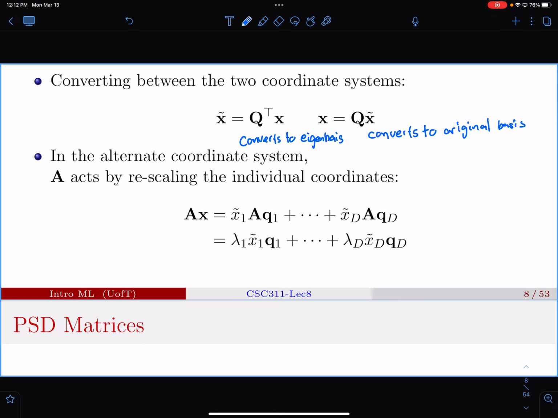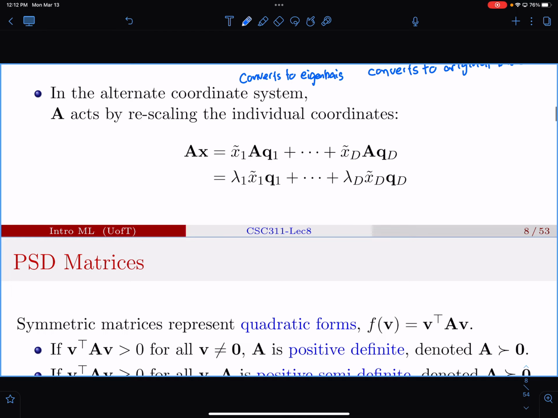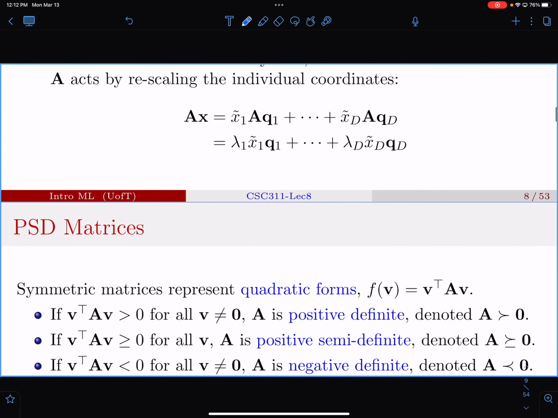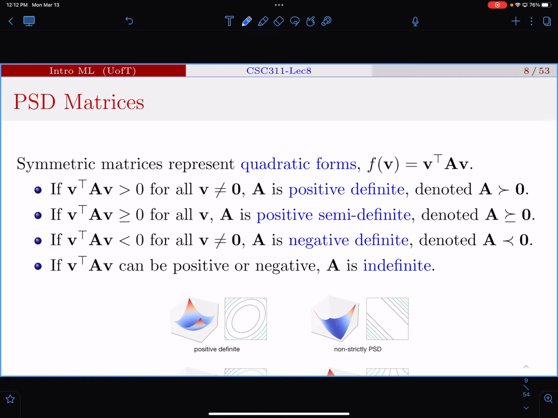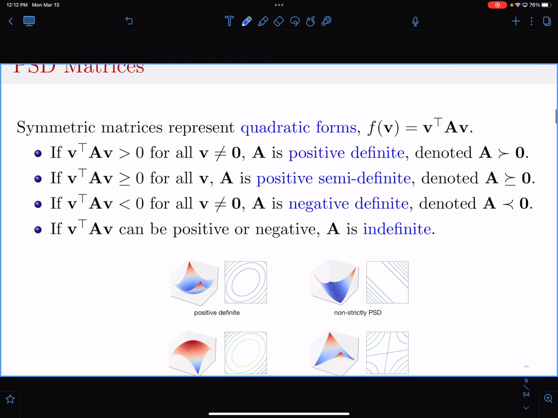And when we're dealing with matrices, we have a few other terms that correspond to the eigenvalues of the matrices. Remember from before, we said this function f of v equals v transpose A v is something called a quadratic form. If v transpose A v is always positive for any v not equal to 0, we call that positive definite.